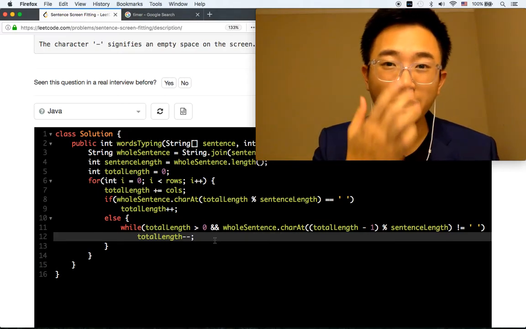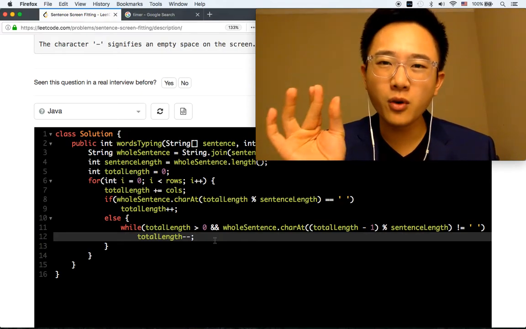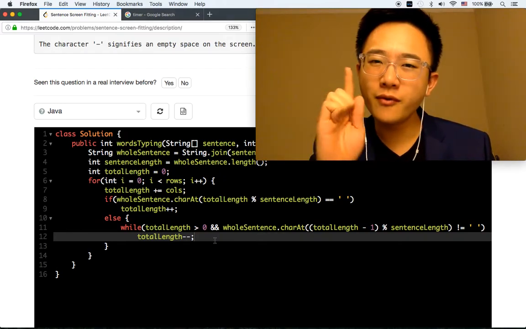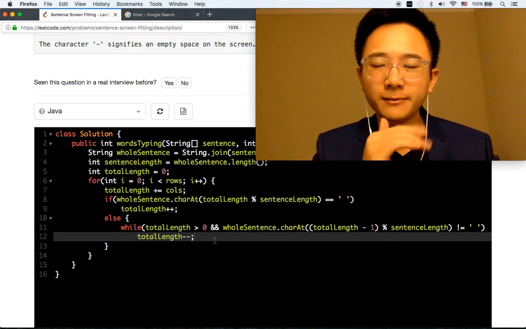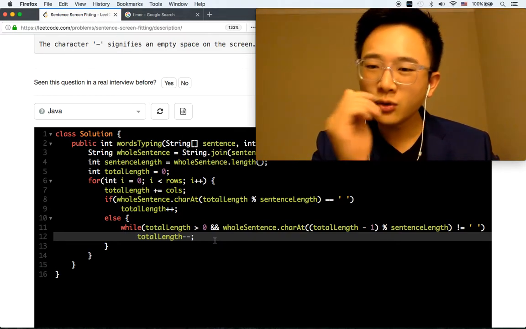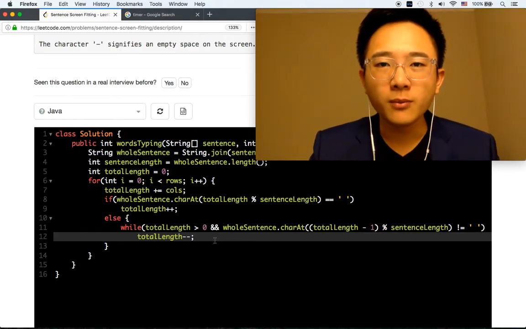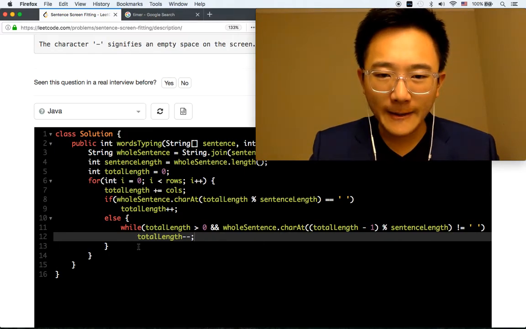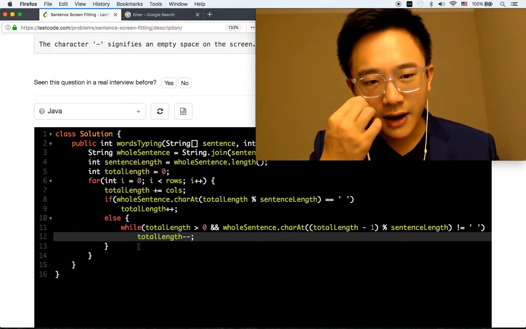Right now we're in the middle of a word, so we're gonna move one column at a time to move to the space. All right, so yes, I think that's correct.